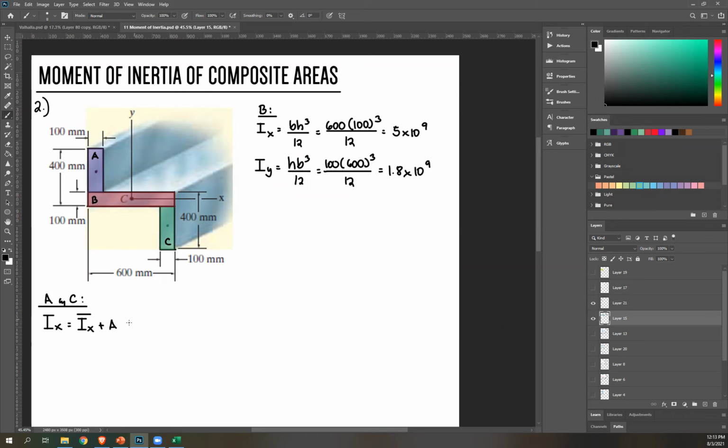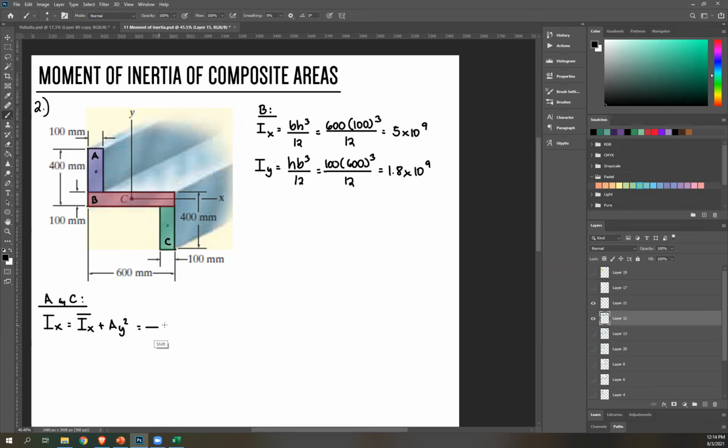In this case, that's y squared. Moment of inertia about the x-axis considers distances y. So we already know centroidal moment of inertia for rectangle, that's bh cubed over 12 plus Ad squared.